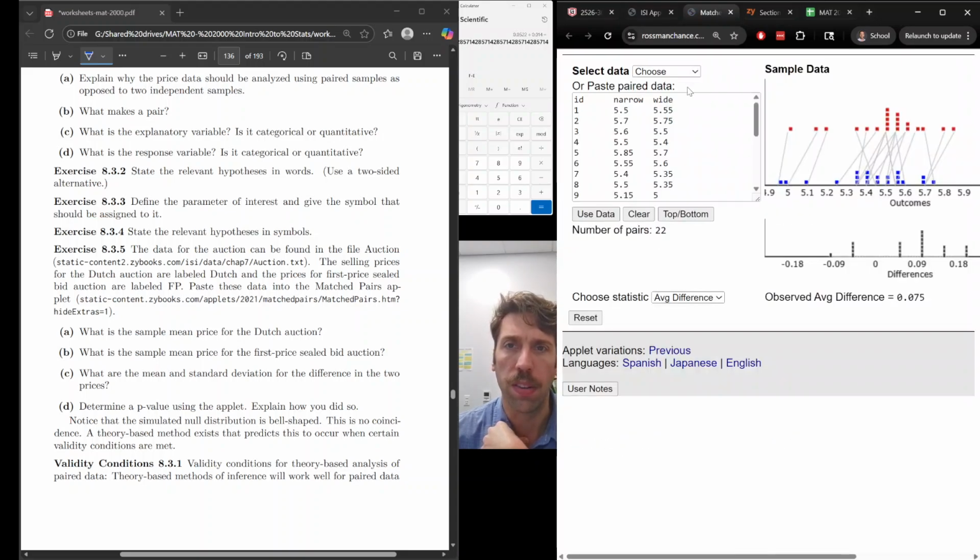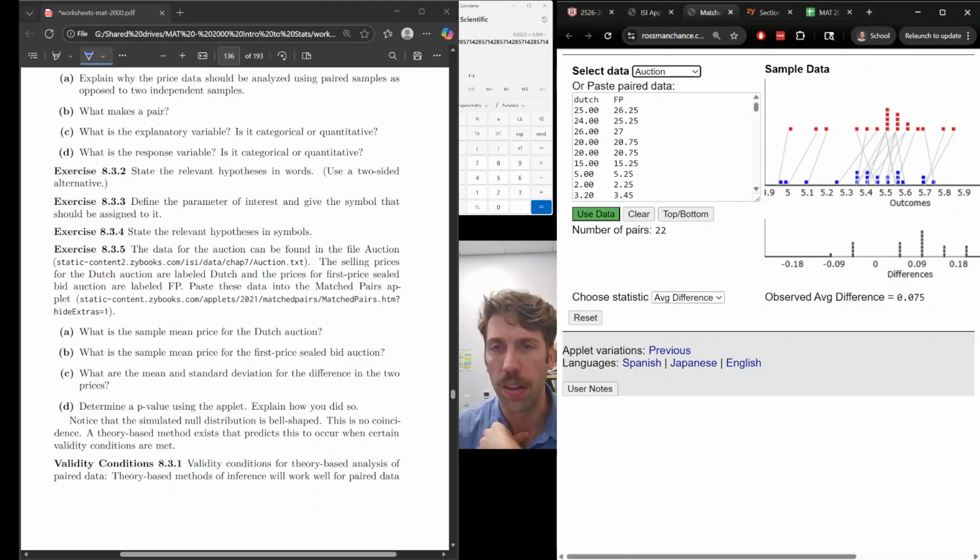And then you can even select the data from the top there. So there's the data. There's Dutch and FP. There's no need to copy and paste it because it's in the applet.